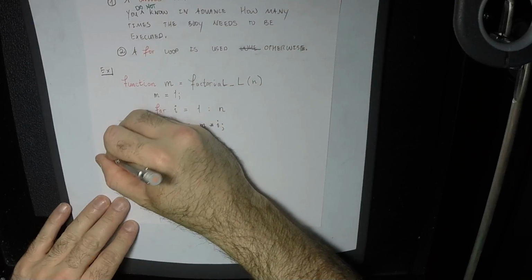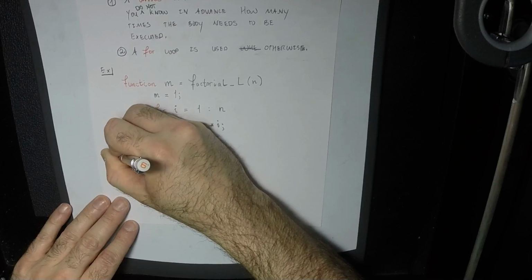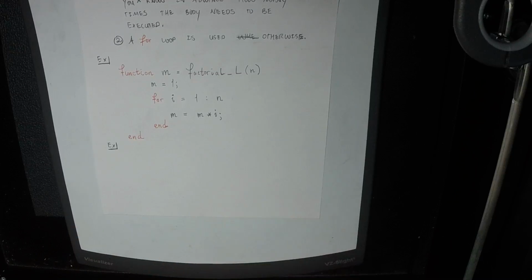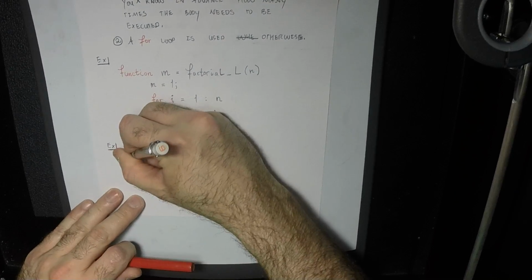So let's see if we can write that down. So, for example, function. I'm going to need to do it on the next page because it's going to be biggish.